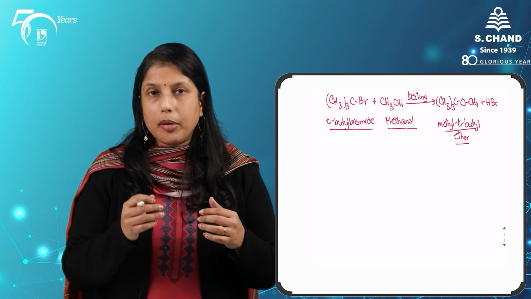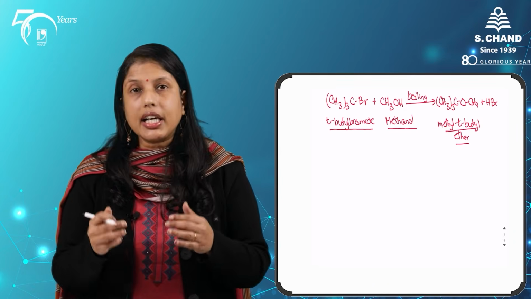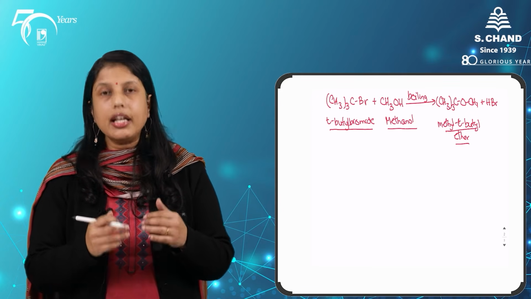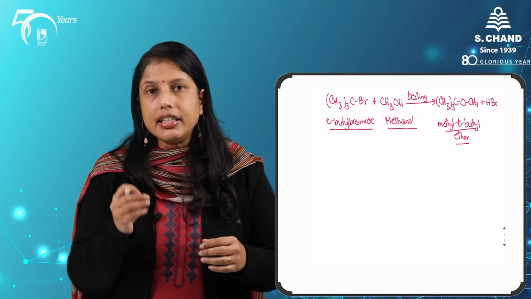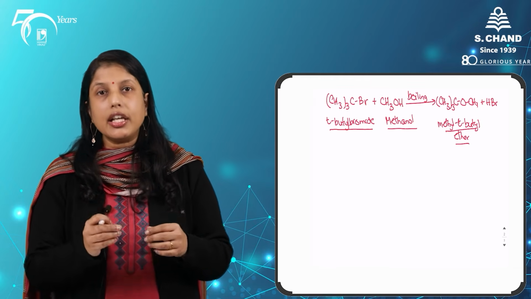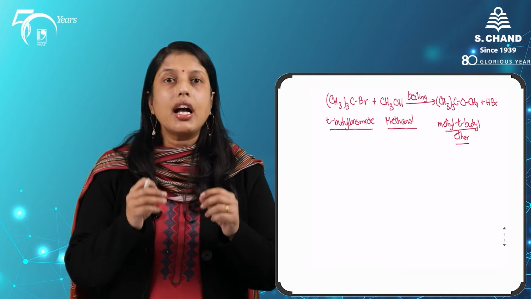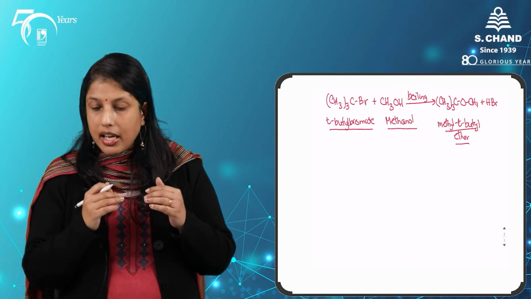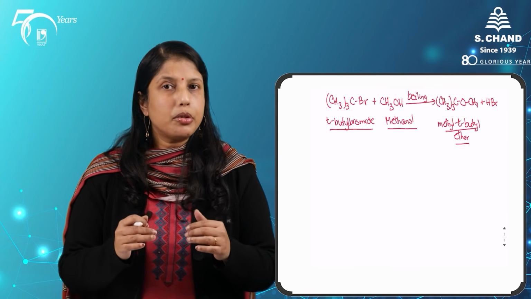The answer comes if we are able to study the kinetics of the reaction. What does that reveal? It reveals that in the rate determining step, the rate of the reaction is only dependent upon our alkyl halide, that is our tertiary butyl bromide.